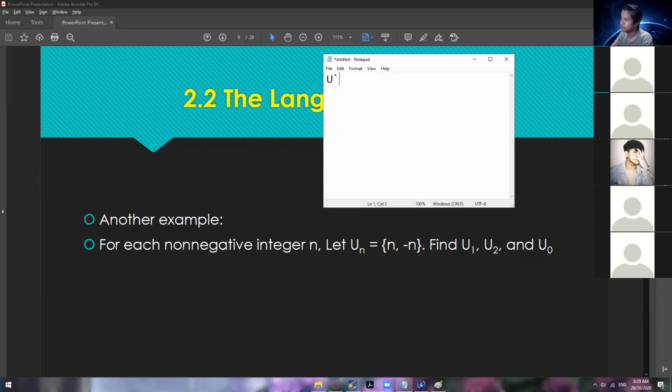So find the value of u sub 1, u sub 2, and u sub 3. So what is the value of u sub 1? Or what are the set elements of u sub 1?